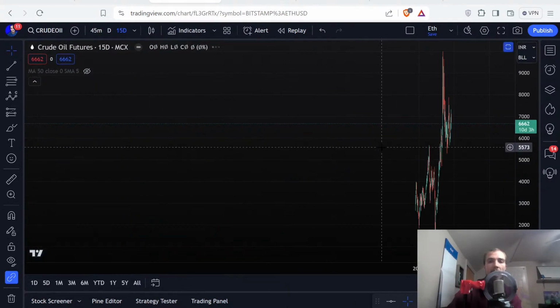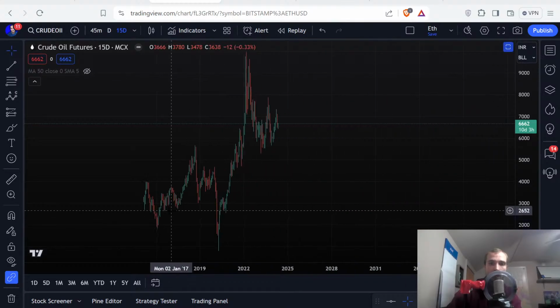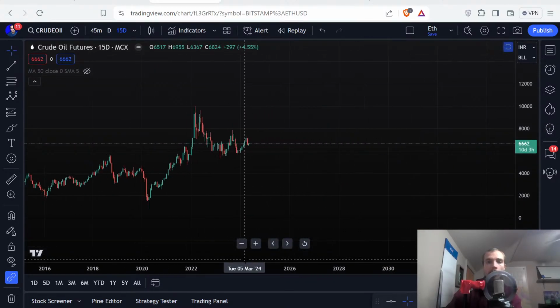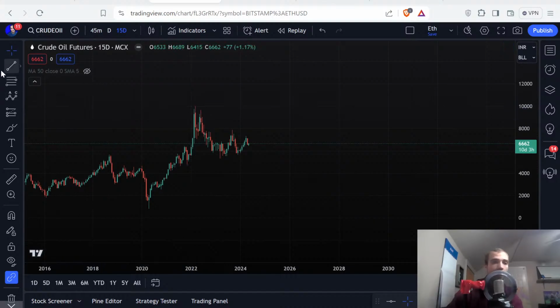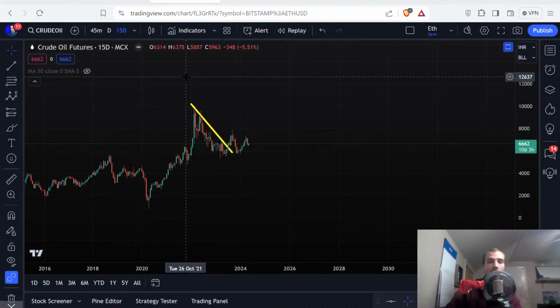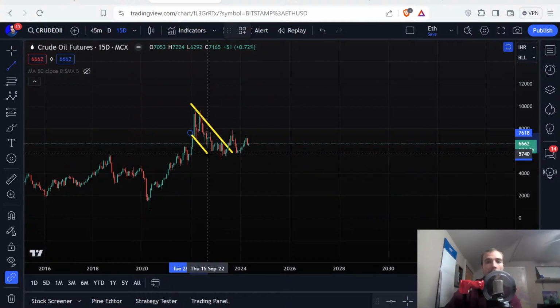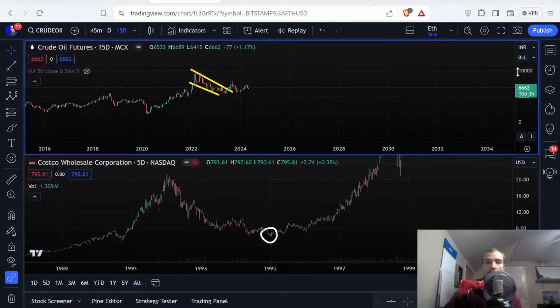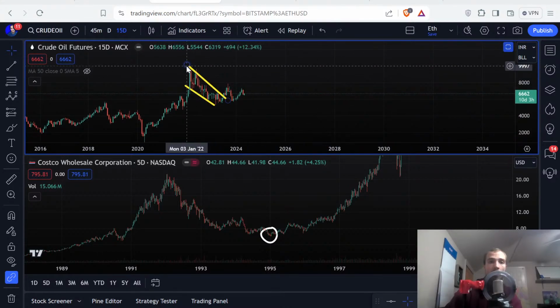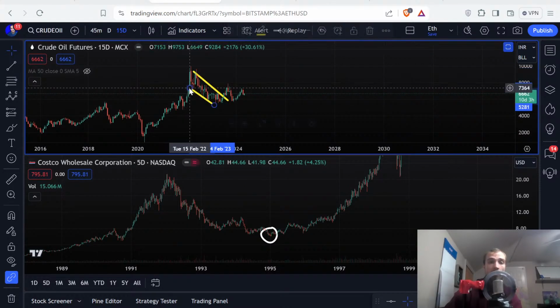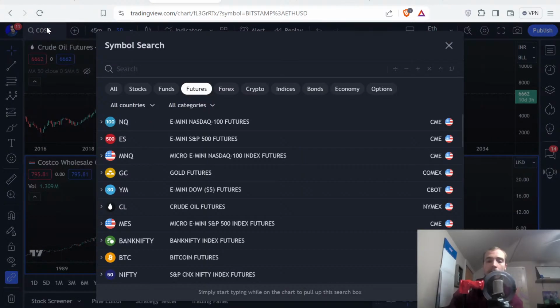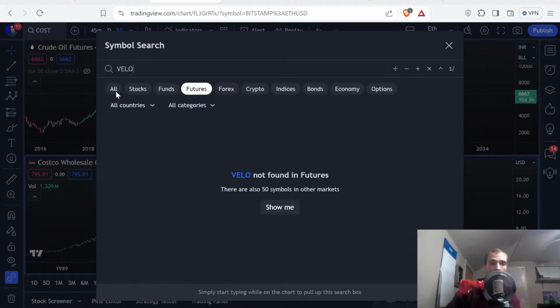The more you understand these things about markets, the better of a trader and an investor you're going to be. So oil, for example, is doing the same thing that a lot of these coins are doing. We were actually looking at Velo at the start of this stream, and I want to show you guys, just again to reiterate this point of how markets are fractal and it doesn't matter what you're trading, you can use the same things to be able to predict and play these markets.